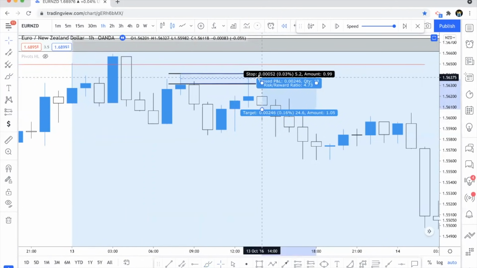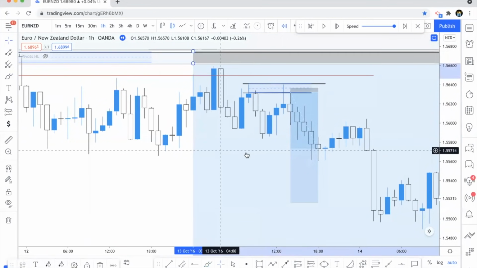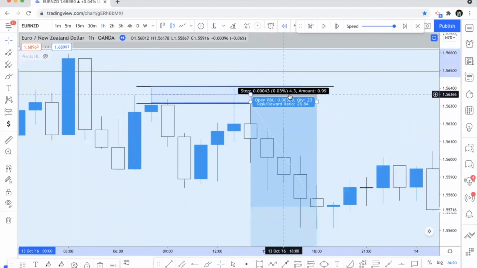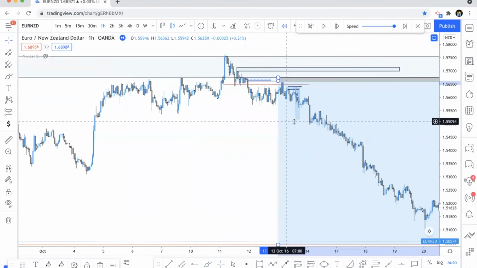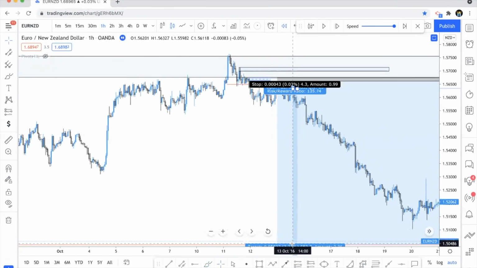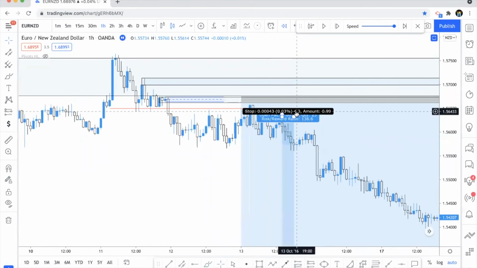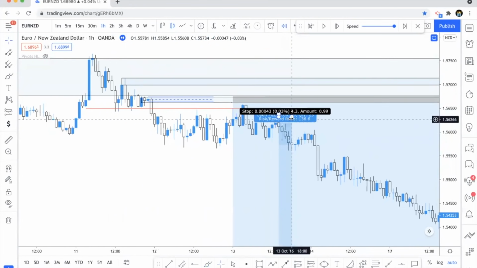Like that. Okay. And then essentially, I mean, look what we're targeting. We're risking only 4.3 pips on this, right? And we can target this whole area right here, because we know on a daily time frame, price is telling us it's going to go down. And look at the reward. It's 136 pips.